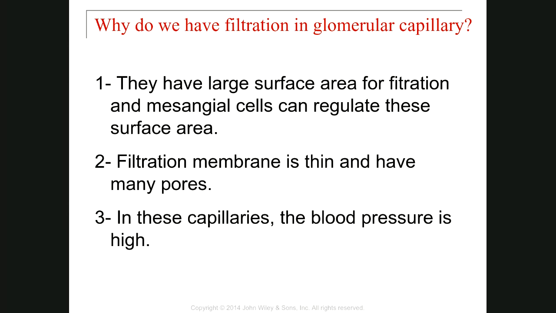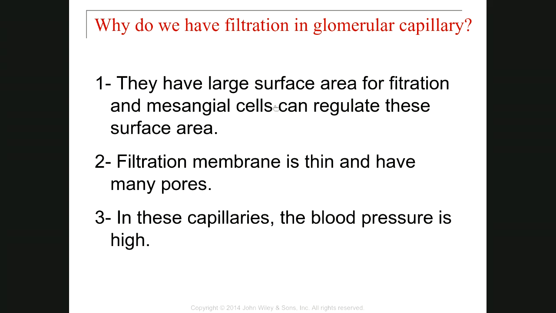Last time I told you that between 20 to 25% of our resting cardiac output goes to our two kidneys. So we have more filtration in the glomerular capillary than the blood capillaries. We have three reasons for having more filtration in glomerular capillary.